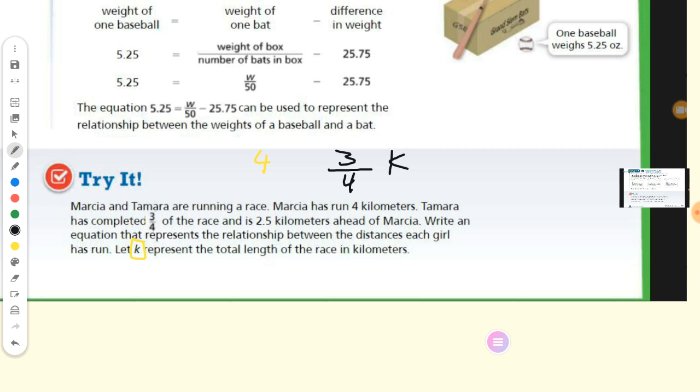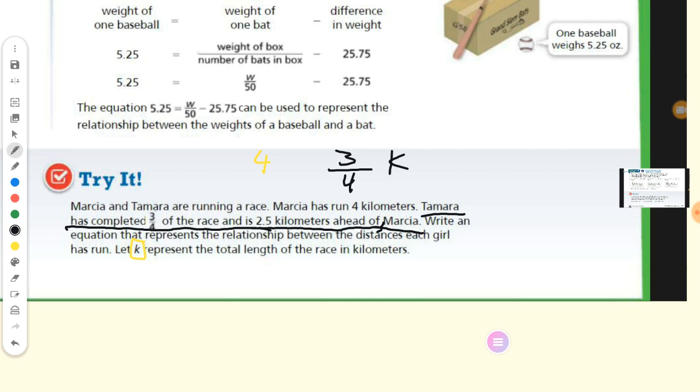Okay, so Tamara is 2.5 kilometers ahead of Marika. Tamara has completed 3/4 of the race, and the difference is 2.5.